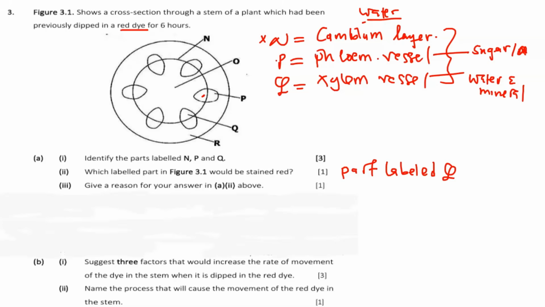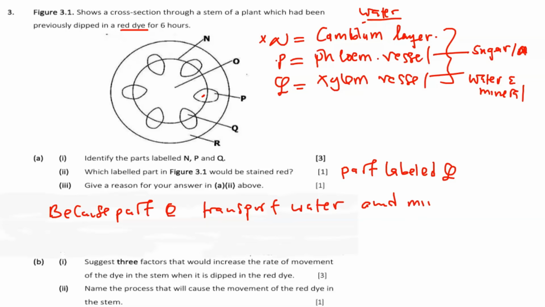So the reason is because part Q transports water and mineral salts, of which the dye is made.